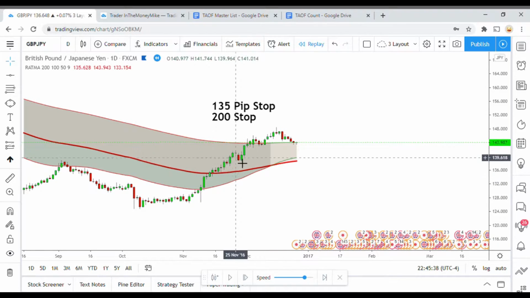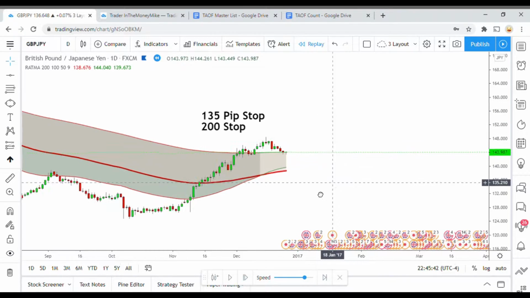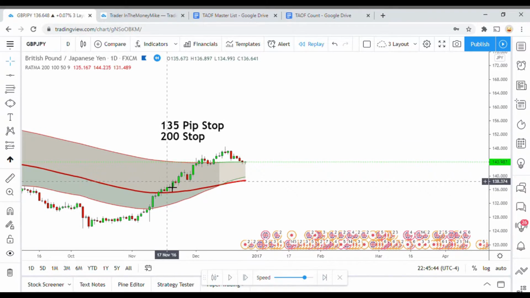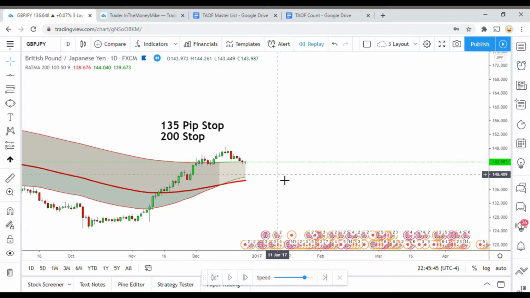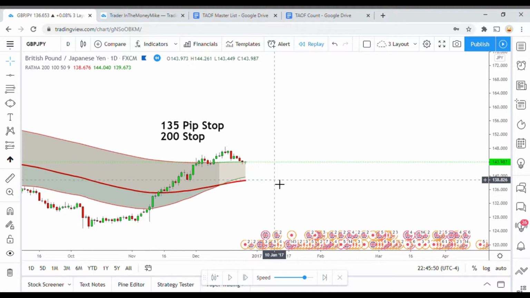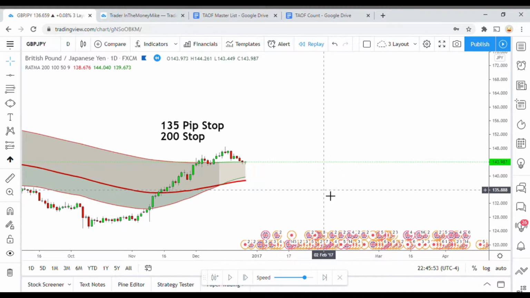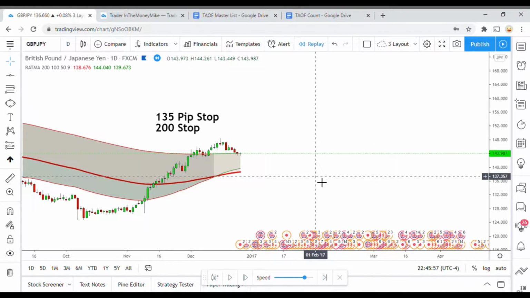Right now it is in a red position, and like I said, it will flip and turn green when it is in a buy position. So green for buy and red for sell, obviously.